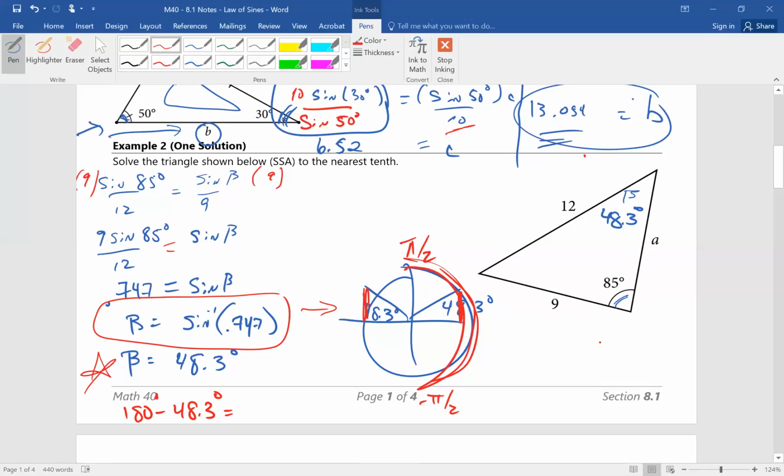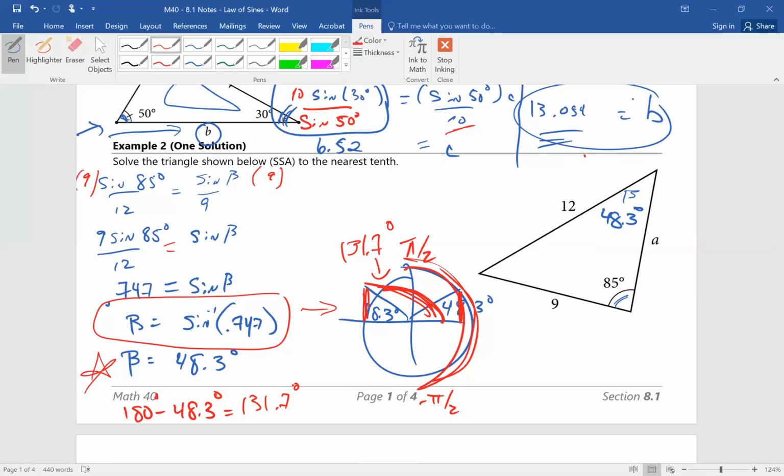So if you do 180 minus, and here's the thing, if I do that, in other words, this angle here is, and I'm going to erase all of this, I wish it could stay in the notes. This angle here is 131.7 degrees. I've done the calculations already. Trust me on this one. So, but that's a possible other angle that could work.